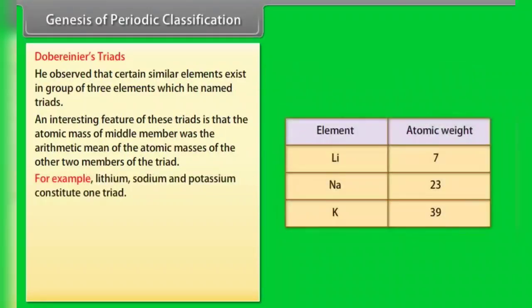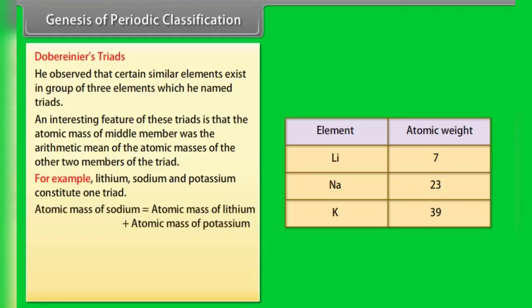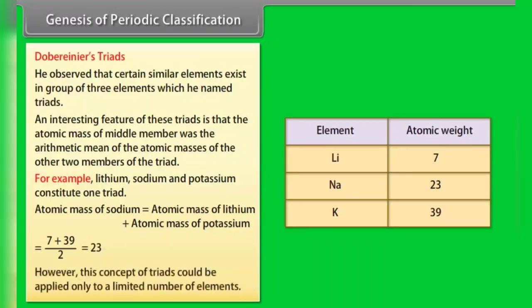For example, lithium, sodium and potassium constitute one triad. The atomic mass of sodium is equal to the atomic mass of lithium plus the atomic mass of potassium divided by 2, which is (7 + 39) / 2 = 23. However, this concept of triads could be applied only to a limited number of elements.